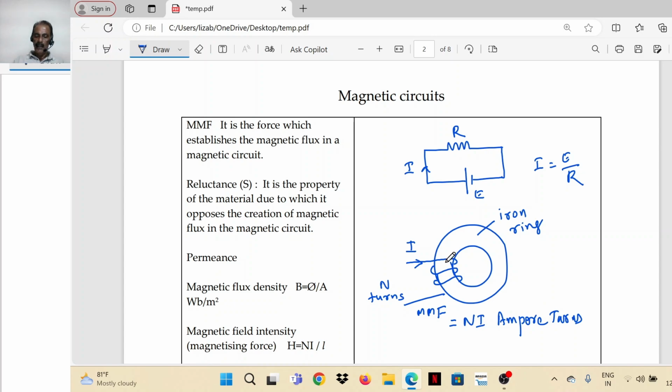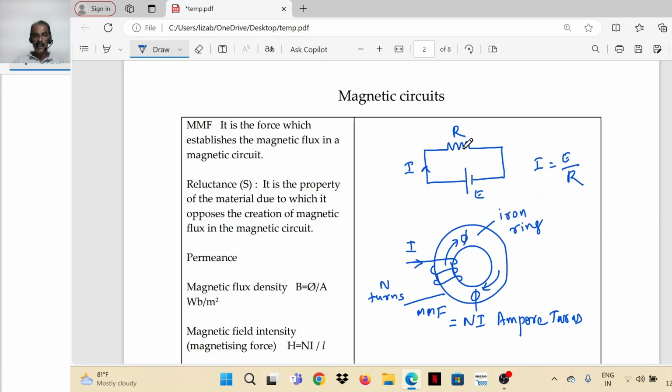So this magnetomotive force sets up a flux in the core. And the magnitude of the flux set up in the core depends on a property of the ring which is called reluctance. Reluctance is the property of the material due to which it opposes the creation of magnetic flux in the circuit.